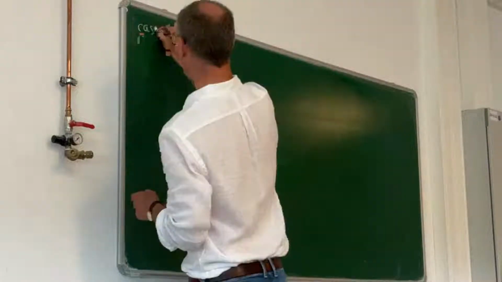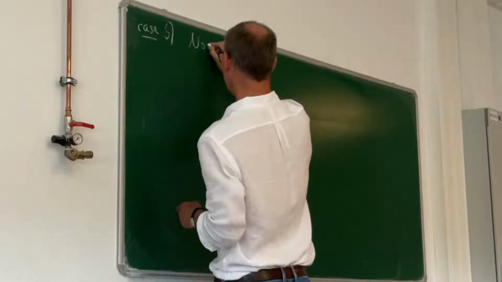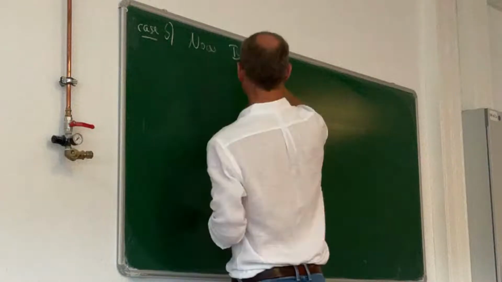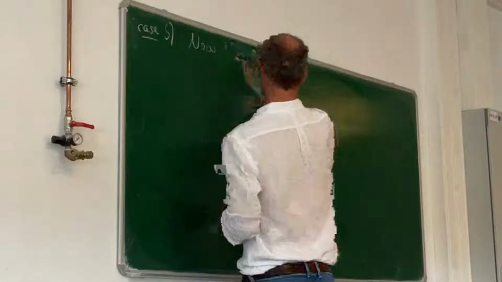So case B. And now we have B is equal, so L is equal to L prime, and B is equal to B prime.